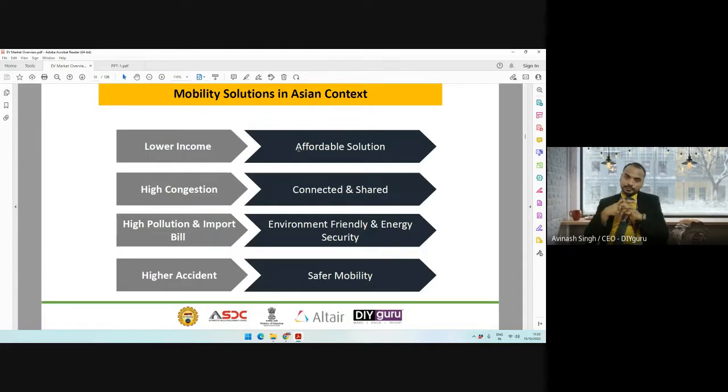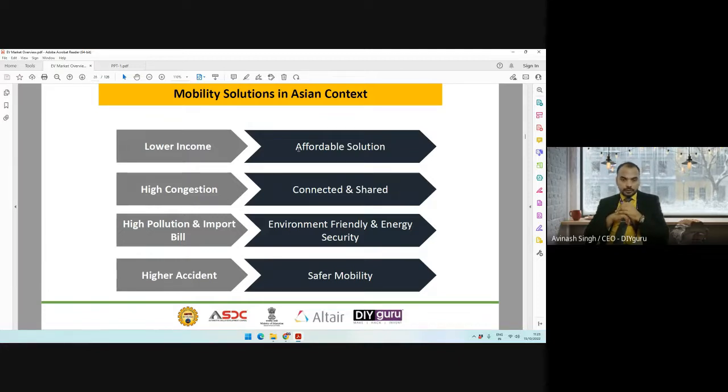Wherever you have high congestion, you need a connected and shared vehicle, because connected and shared vehicles make congestion a bit less.